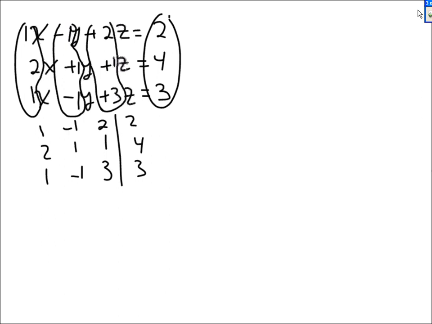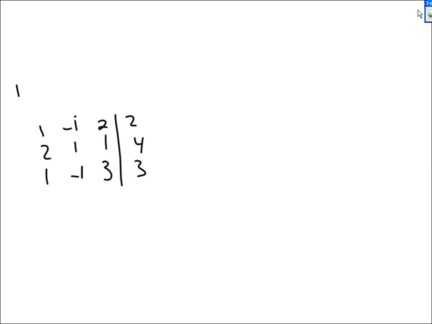Have some space. I'm going to put that matrix on top. 1, negative 1, 2, 2, 2, 1, 1, 4, 1, negative 1, 3, 3.